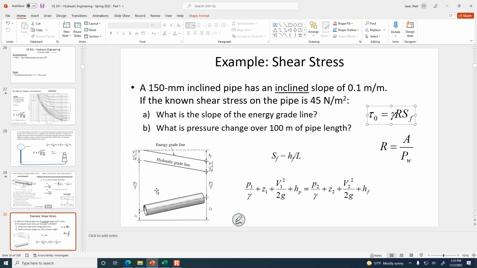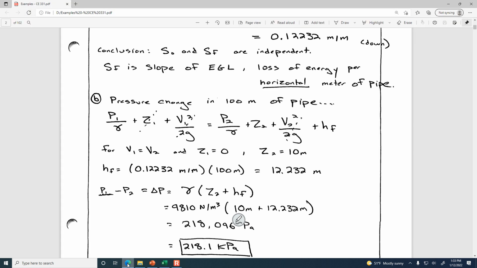Then the other part is the effect of pipe friction. Since location 2 is downstream, it's also going to be losing energy and losing pressure because of pipe friction. So both of those things combined will make the pressure at 2 lower than the pressure at 1. And that's what we have here: we can anticipate a drop in pressure of about 218 kilopascals over this 100-meter pipe length. Any questions about that?